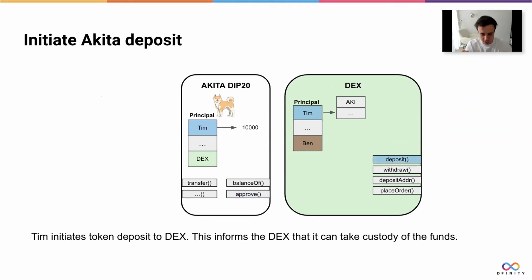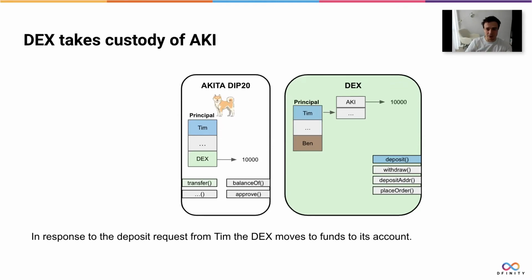Now the DEX has the ability to take my funds. I call the DEX and say deposit, and it will transfer all the funds to its account in the token, and will also give me the associated balance on the DEX.